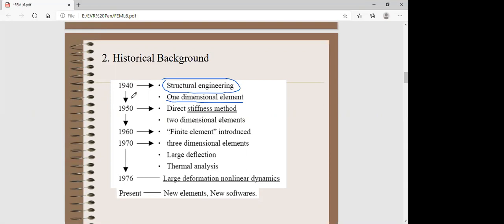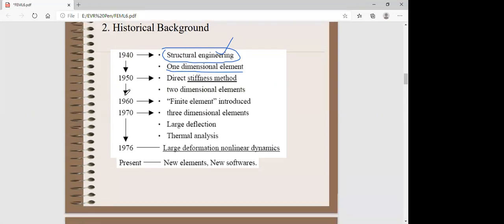Between 1940 and 1950, their work was only on one-dimensional elements, structural problems. Between 1950 and 1960, they developed the direct stiffness method for two-dimensional elements, so there is progression from one-dimensional to two-dimensional.